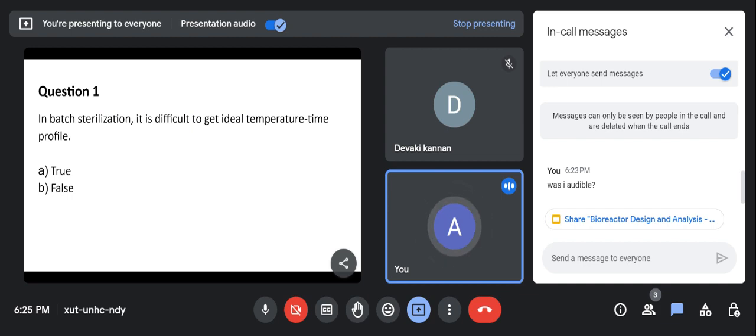So the first question is, in batch sterilization, it is difficult to get an ideal temperature time profile. It's a simple theory related question. Do you think it's true or false? You can just write the answer in the chat.